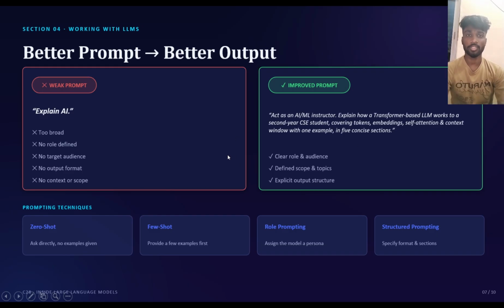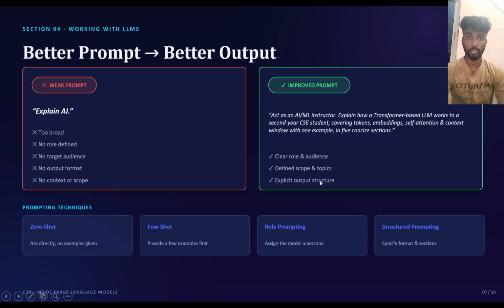Prompt engineering. Next is prompt engineering. Prompt engineering means designing our input in a way that helps the AI produce a more useful output. For example, a weak prompt is simply "explain AI." This is very broad. It does not specify the role, audience, topics or expected format.